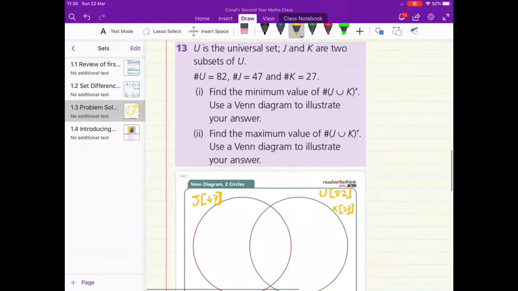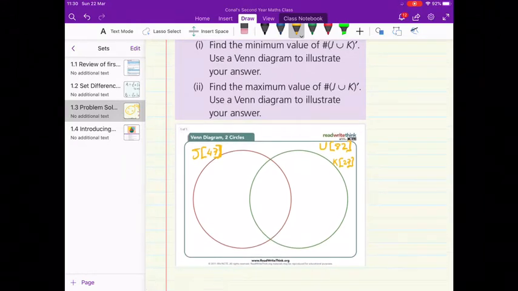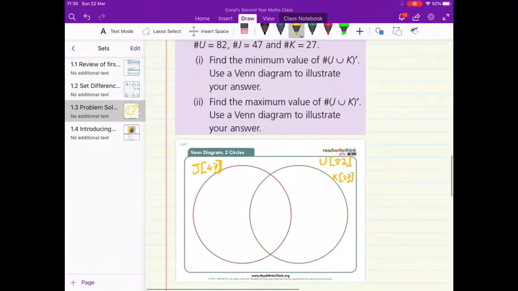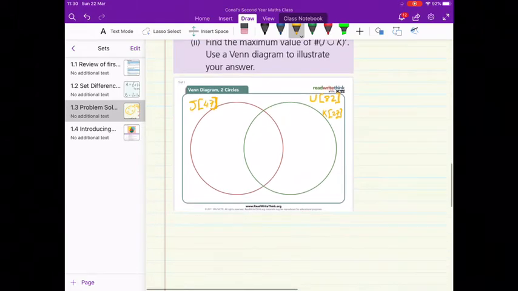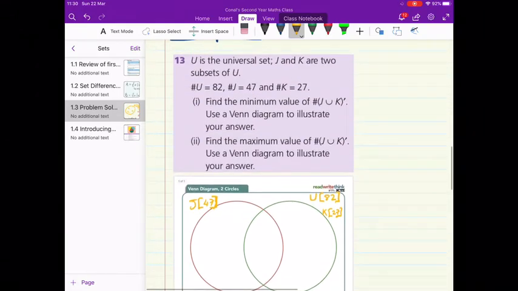So this one is going to require a bit of logic for us. We haven't been told how many people like both. We haven't been told how many people like neither. So first off, the question is talking about the cardinal number of J union K complement. So we need to think about that first of all.